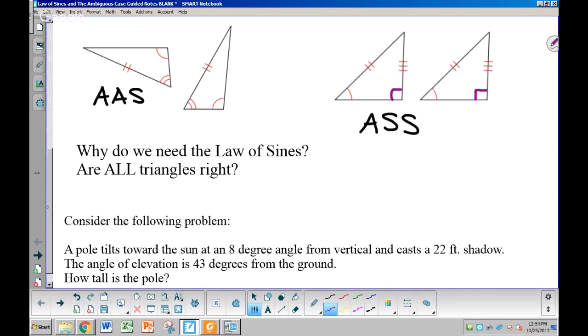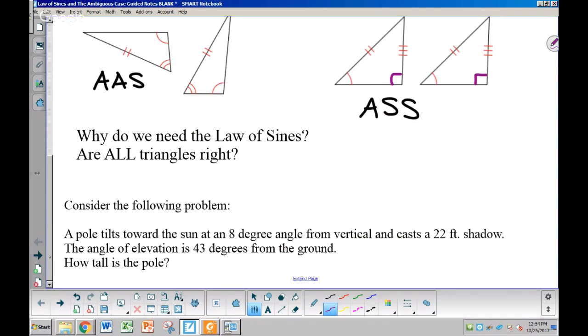So why do we need the law of sines? Well, then my question would be, are all triangles right triangles in this universe? No, sadly not. And so the answer to this is going to be no. We're going to say some are oblique.